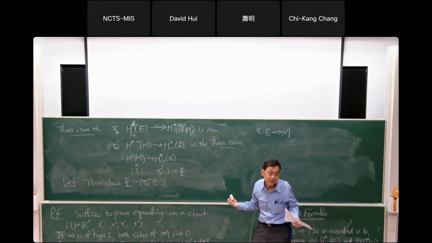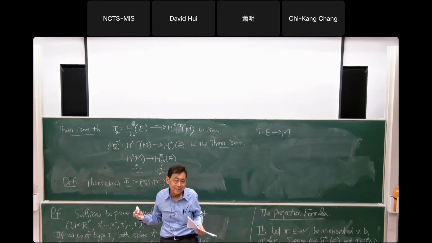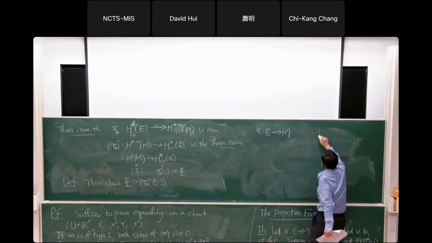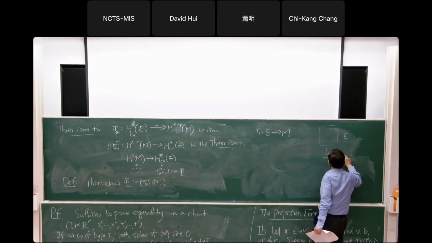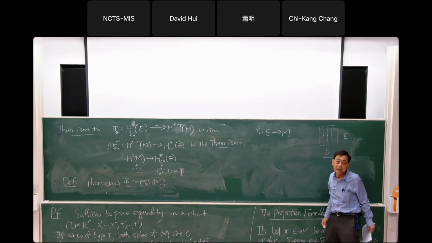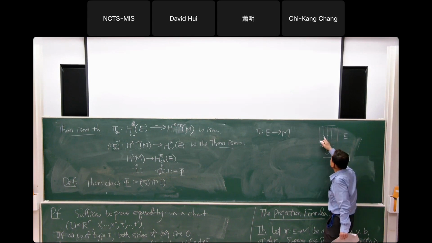A section that doesn't depend on any choice. A vector bundle looks like this, and every fiber is a vector space, right? Every vector space has a zero.